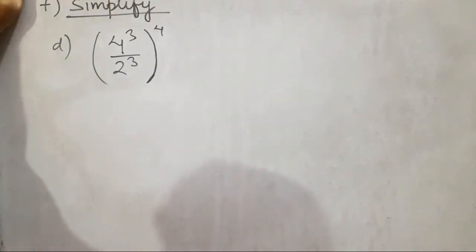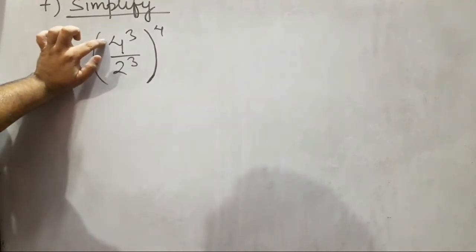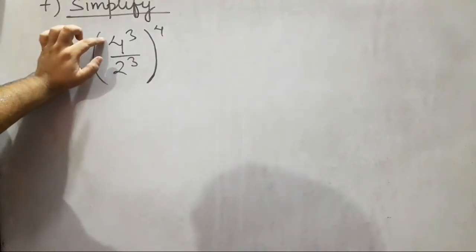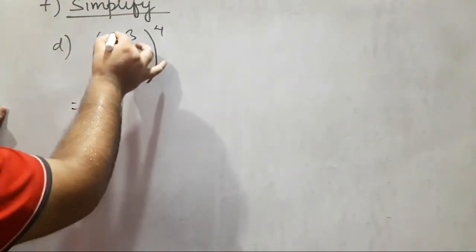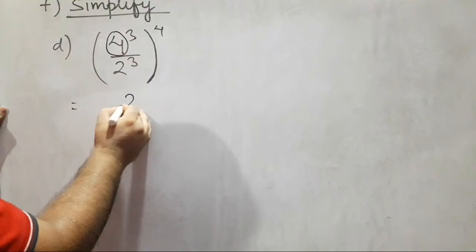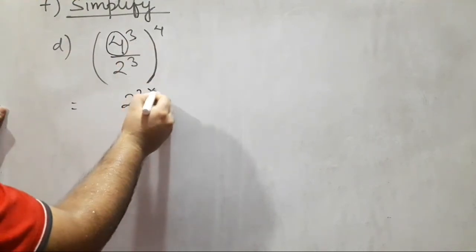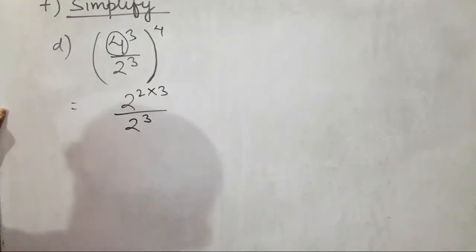Now let's do the next process. In this process, we shall convert this base 4 into base 2, since I have to get the same base in the numerator as well as in the denominator. Now 4 can be written as 2 power 2, and the 3 shall multiply this power 2 by 2 power 3. Let's see again.